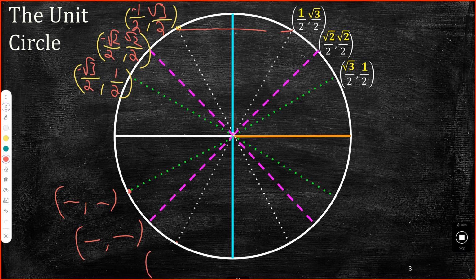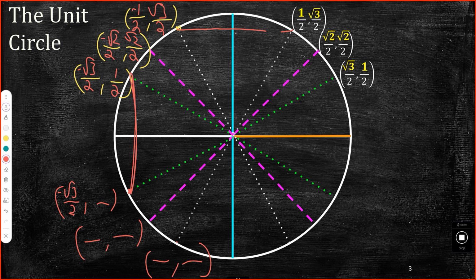And let's get this one. The x's are going to be what? Negative. They're going to keep on being negative. This one goes with this one. That's going to be negative root 3 over 2. This one is this one.